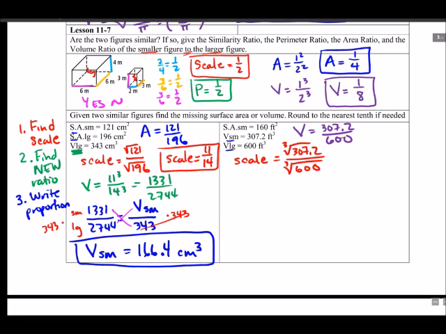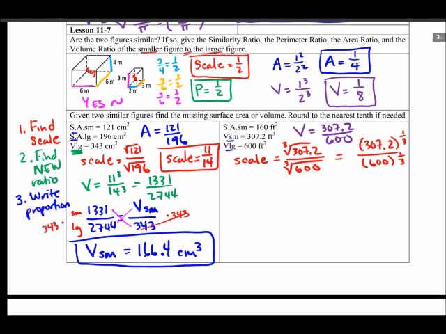And I can tell you right now, these are not perfect cubes. So we are just going to leave them either like this or using our exponents. Cube root means it's raised to the 1/3 power. So we can use either one of these as our scale.